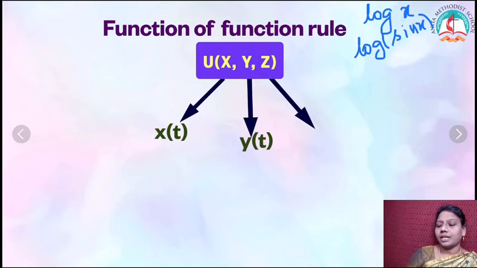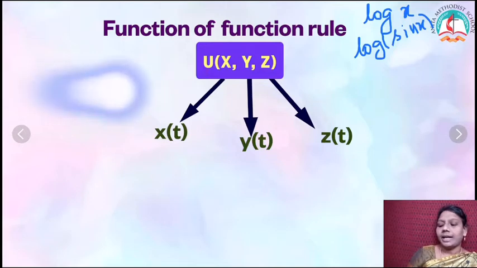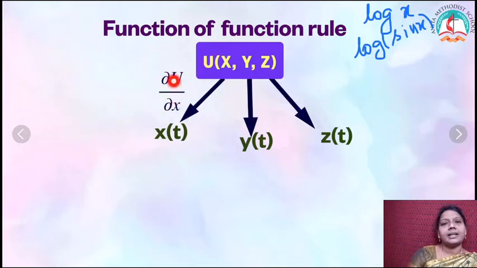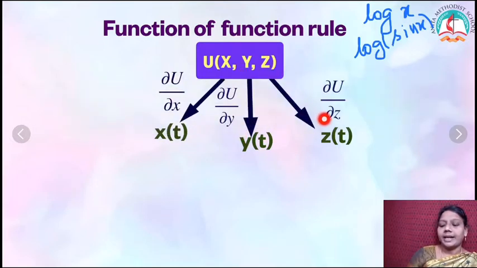So all three: x is a function of t, y is a function of t and z is a function of t. If I have u of x, y, z, all these independent, then we can partially differentiate it. So I will differentiate partially with respect to x, this one partially with respect to y, and here I can differentiate it partially with respect to z. Now look at here, x is a function of t alone.